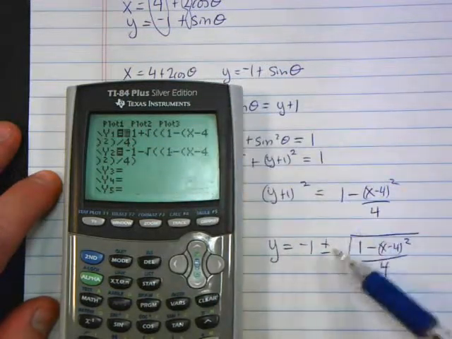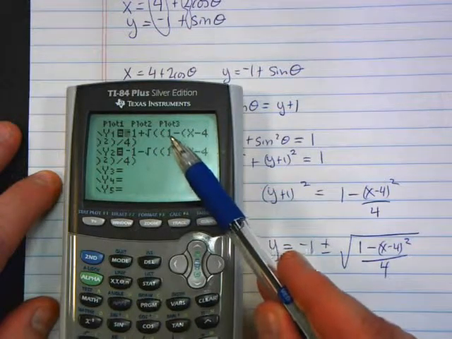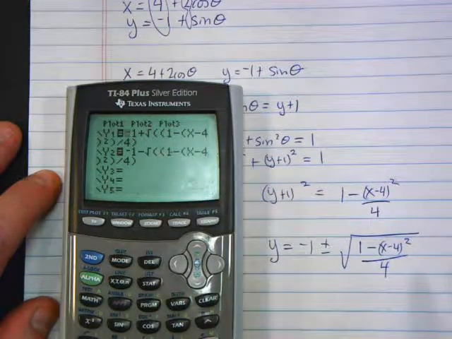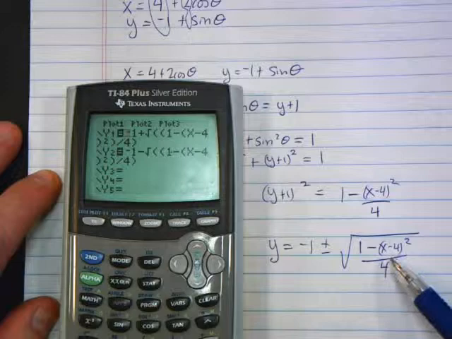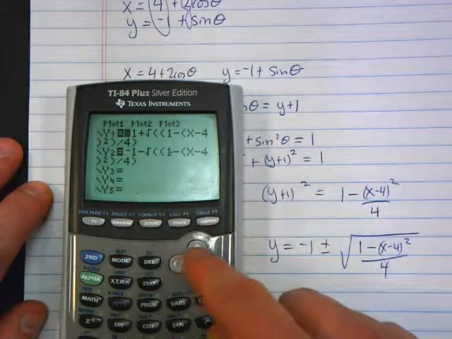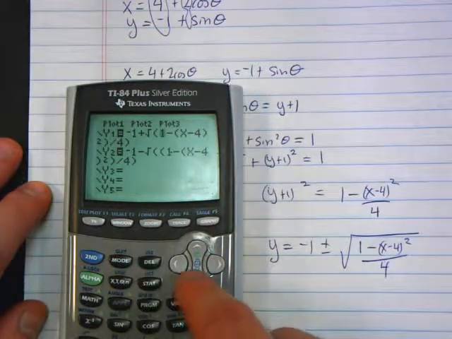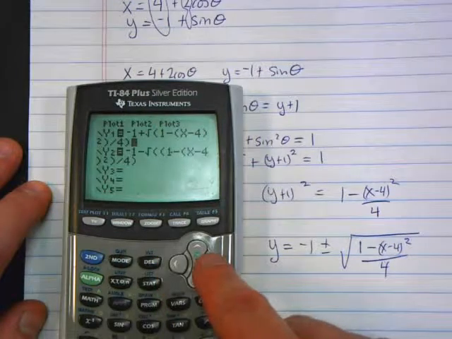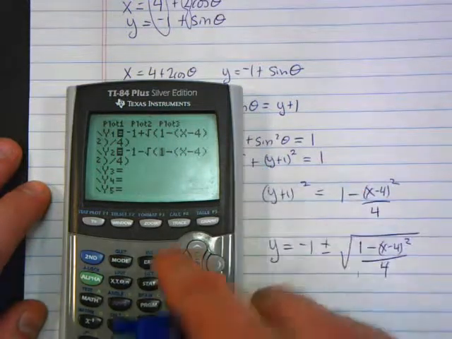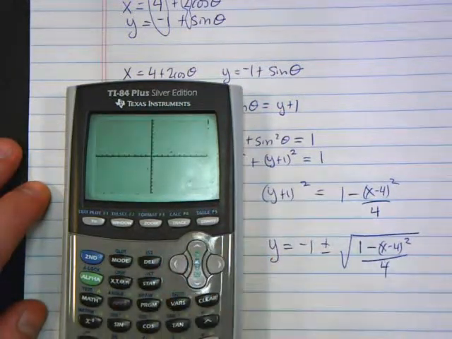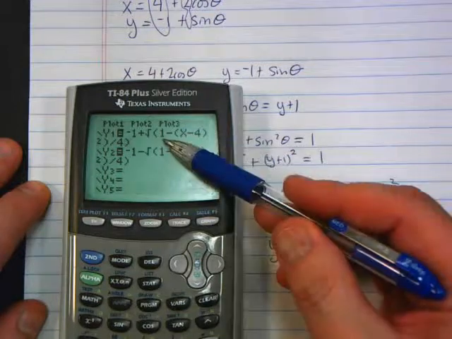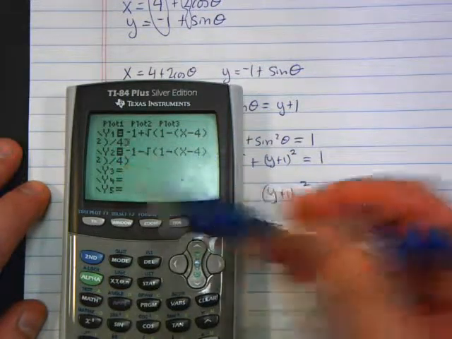Negative 1 plus square root of... Is the whole thing divided by 4 or just the x minus 4? It's just the x minus 4 that's divided by 4, isn't it? Yeah, I think you have. So I have an extra parenthesis right there, I think. I think I have an extra one right there too. And let's try that. The parenthesis after the square shouldn't be there. You're right.